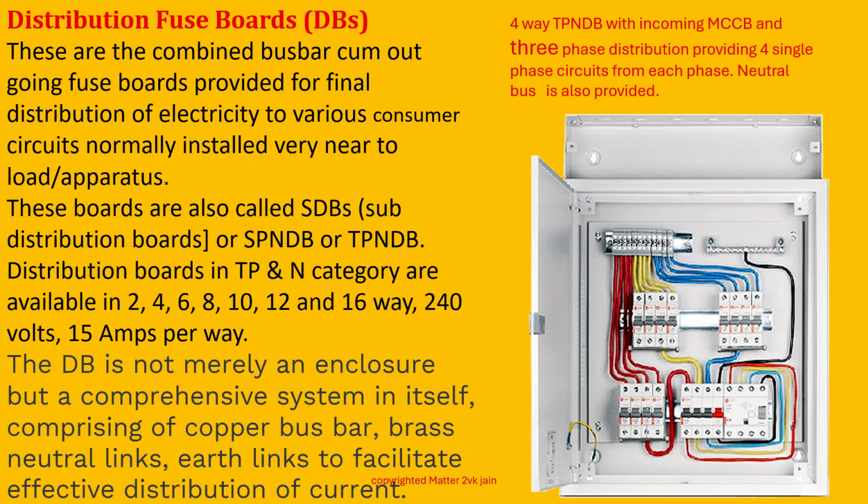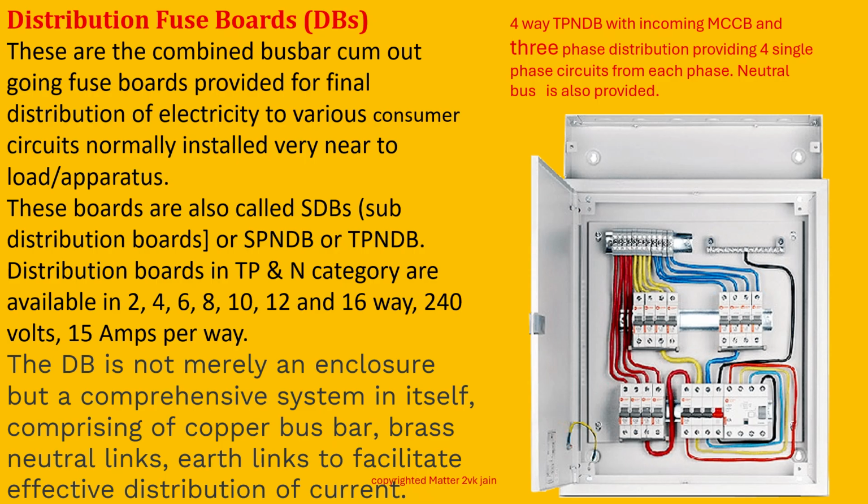These boards are also called SDB, sub-distribution board, or SPN-DB or TPN-DB. Distribution boards in SPN category are available in 2, 4, 6, 8, 10, 12 and 16 way, 240 volts.